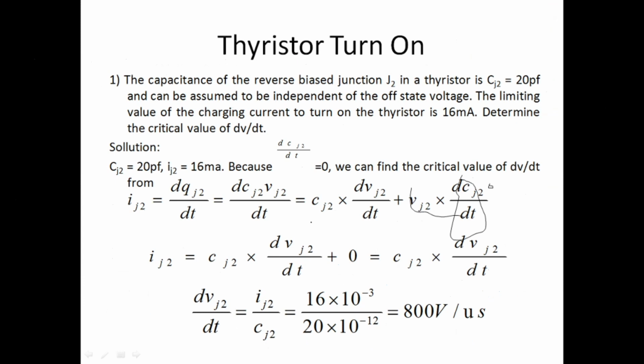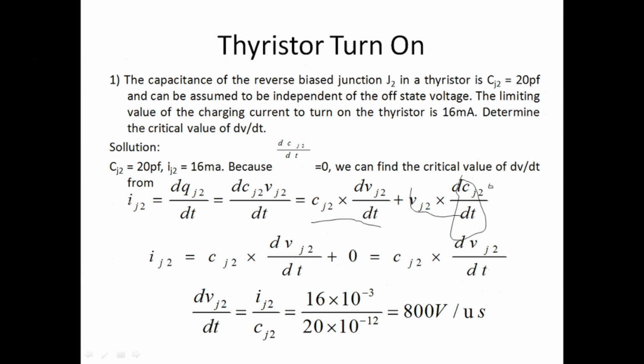So my equation becomes Cj2 dVj2/dt equal to Ij2, and now I can calculate everything. Ij2 is the given limiting current, and Cj2 is 20 picofarad.